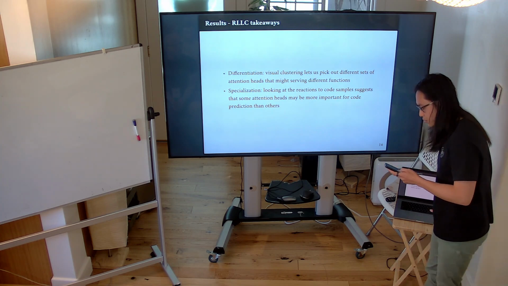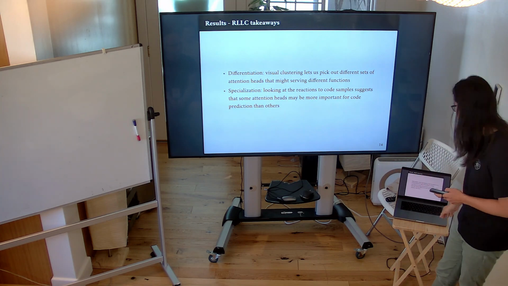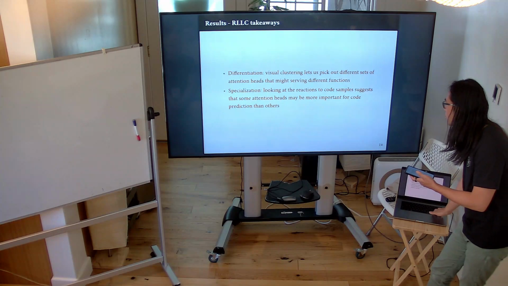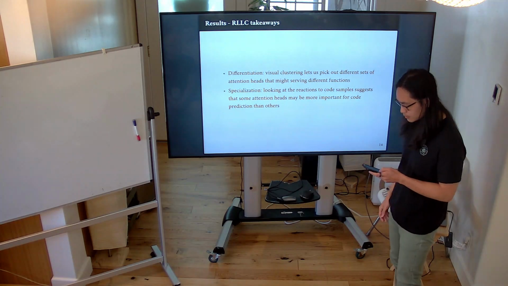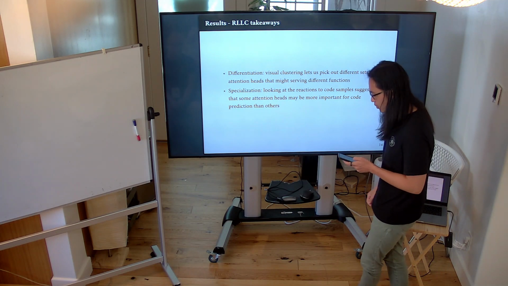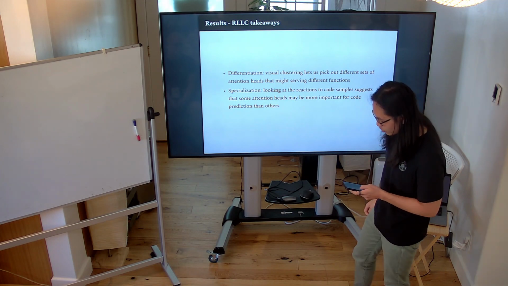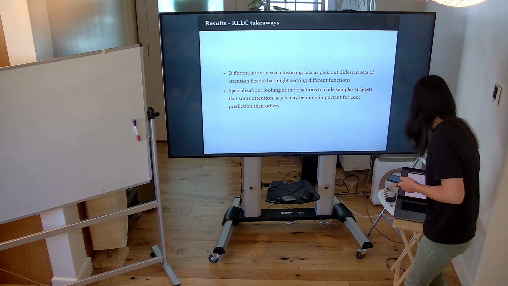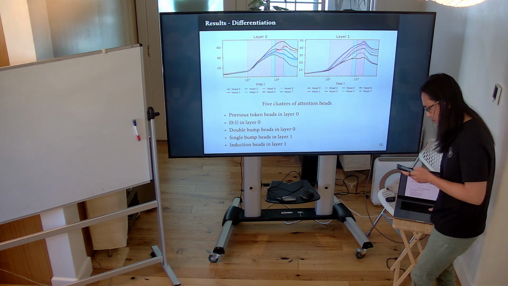Okay, so this is literally just from looking at these curves. What do we learn? One is that we have this visual clustering of attention heads. This might let us differentiate between different types of attention heads in the model, and we ended up with these 5 different clusters down here.